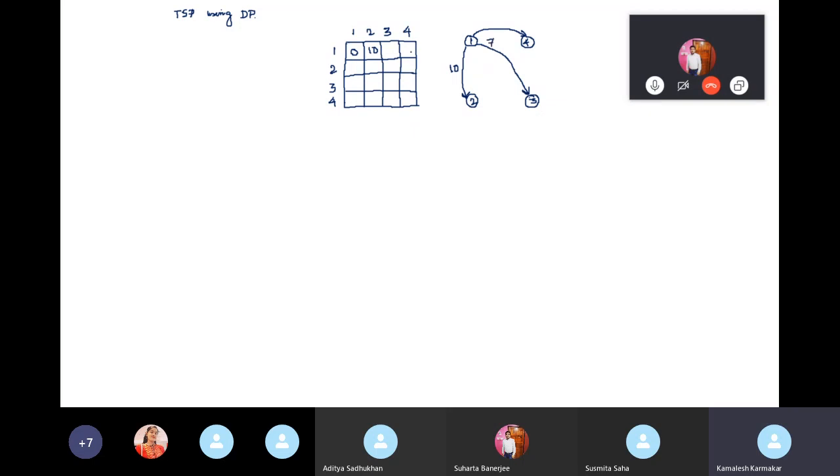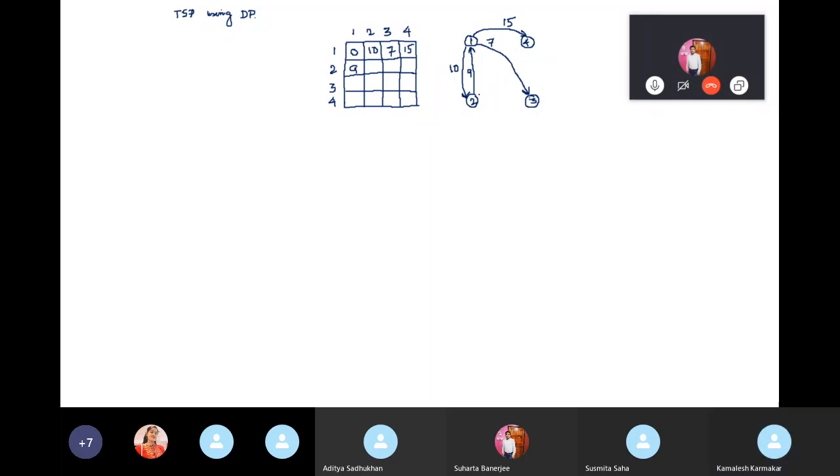So this edge cost is 7. 1 to 4, if this is 15, then this value is 15. Similarly, from vertex 2, if the edge 2 to 1 is 9, then this value is 9.